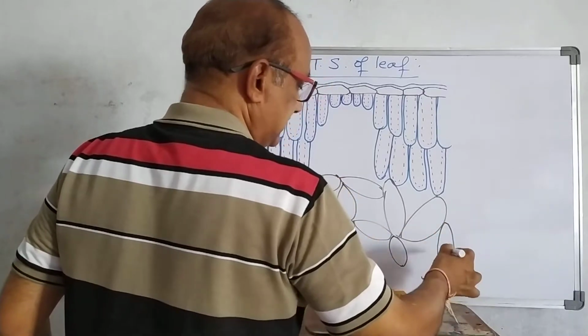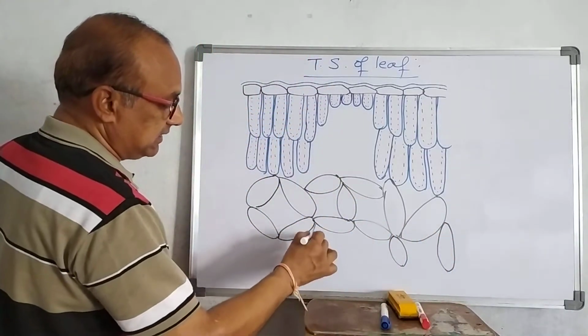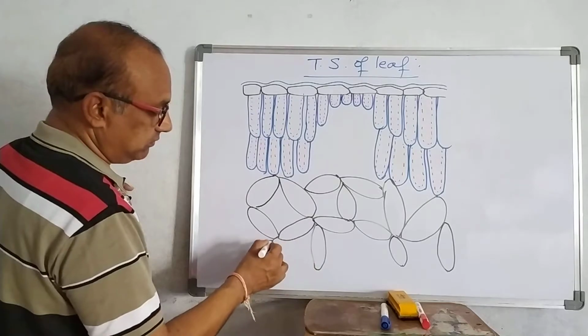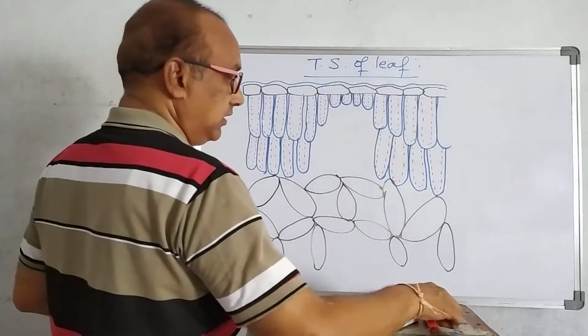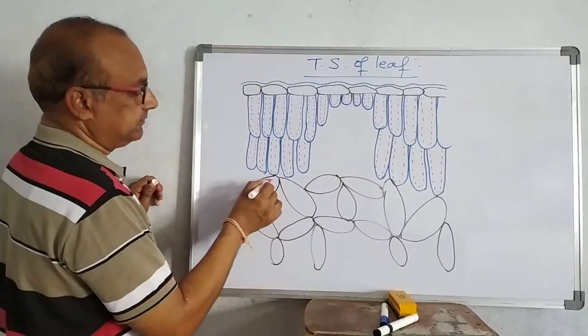These cells are generally termed spongy tissue with fewer chloroplasts.